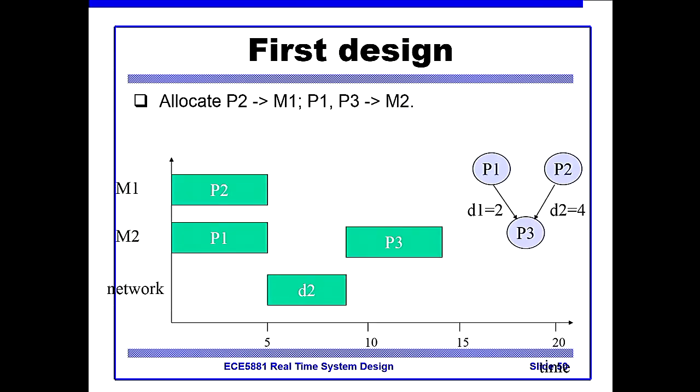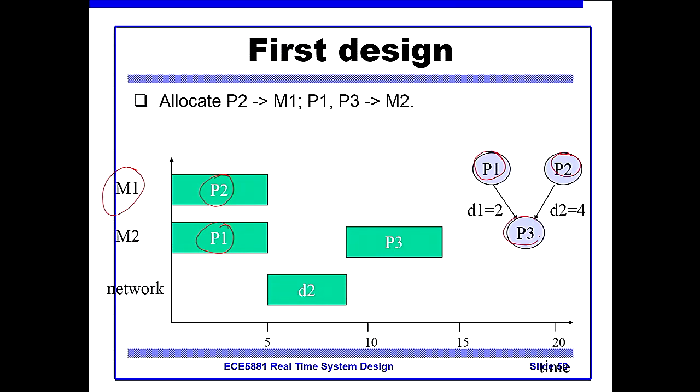So here is our first solution, and what we're doing now is in M1 we're going to run P2, and that takes 5 units of time, and in M2 we're going to run P1. So we've got P1 and P2 running quite happily in 5 units, and then we're going to run P3 on M2 because we have no choice.